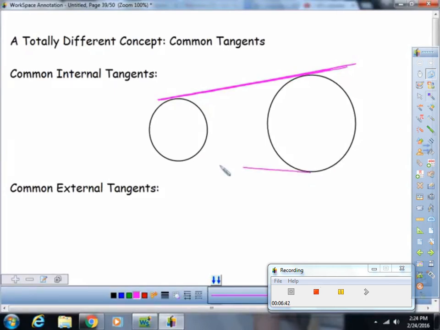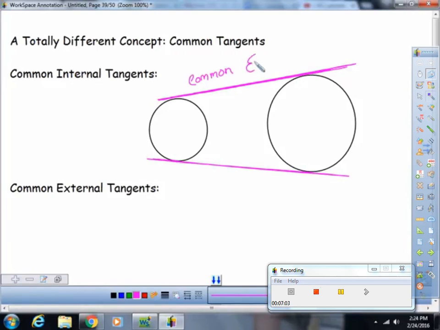There's another tangent to both circles. Those are called common external tangents. Notice that the common external tangents do not intersect in between the two circles.